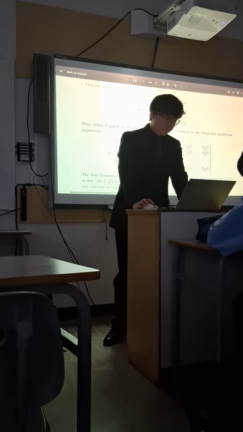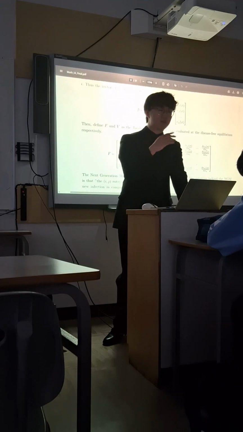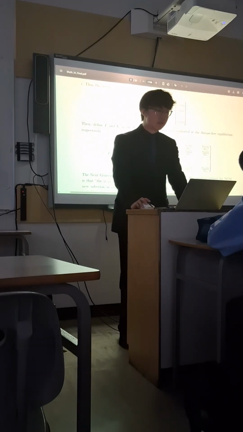So we have all of the different compartments, and we want to take the partial derivatives of each of the functions within the vector f of x with respect to each of the compartment variables. This is very abstract to see, so I'll explain it later when we look at it with the SIR model.